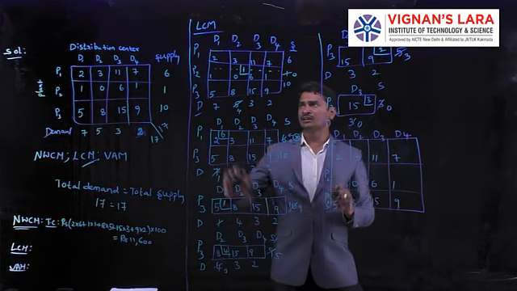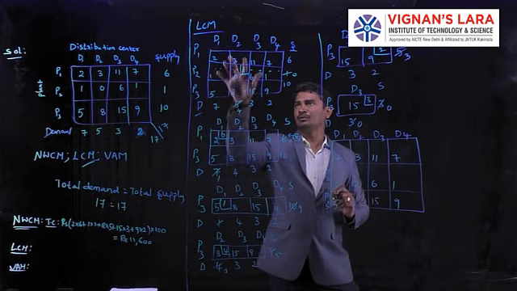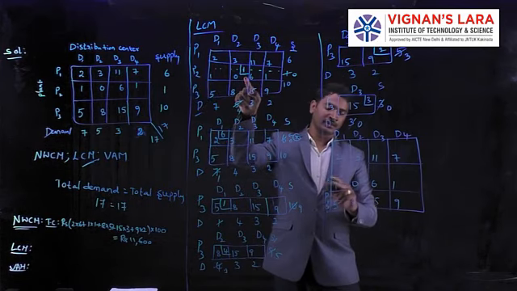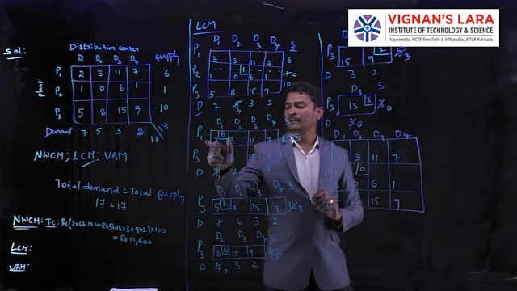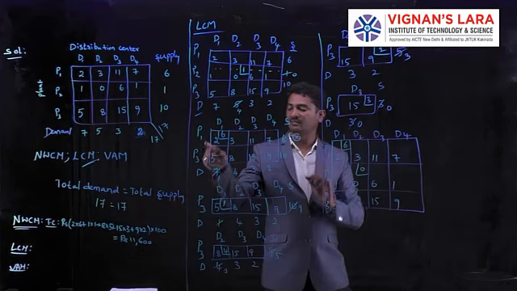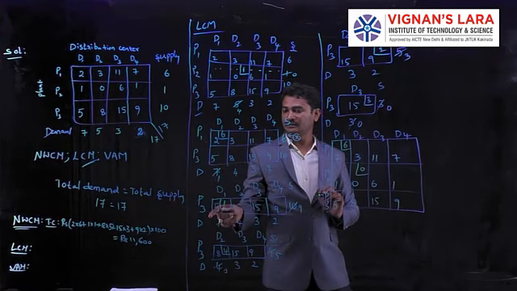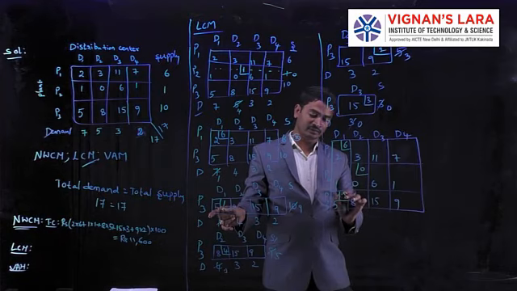Here coming to the allocations, first where we did the allocation at P1, D1 is 6. Next P3, D1 is 1 unit.